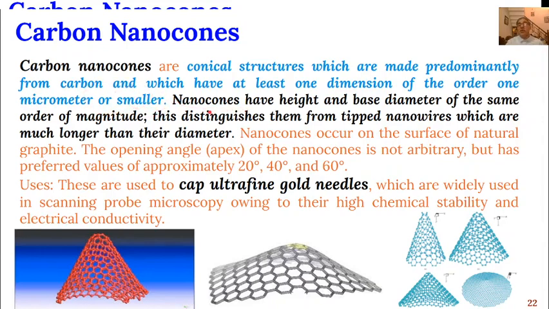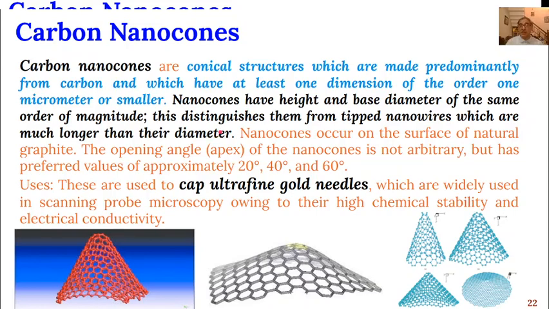Nanocones have height and base diameter of the same order of magnitude, and this distinguishes them from tipped nanowires, which are much longer than their diameter. So nanocones are smaller than nanowires in length.